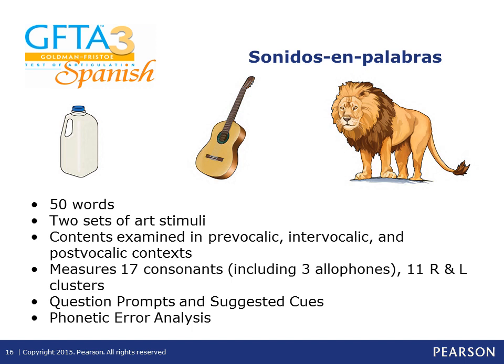If the individual does not produce the target after 2 question prompts, you can use the suggested cue to elicit the target word. Completing the phonetic error analysis table provides a way to easily see error patterns by phoneme and syllable position. After completing the Sonidos en Palabras test, you can obtain norm reference scores.